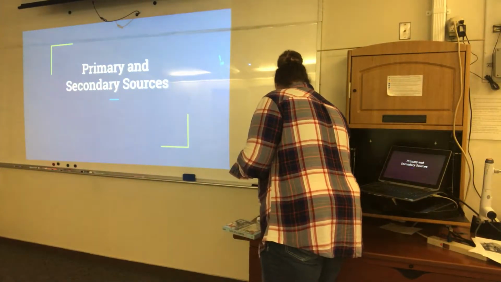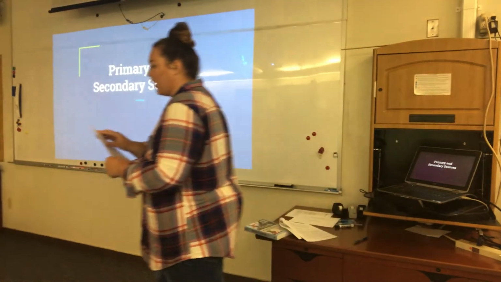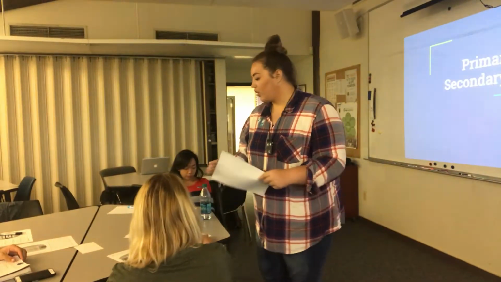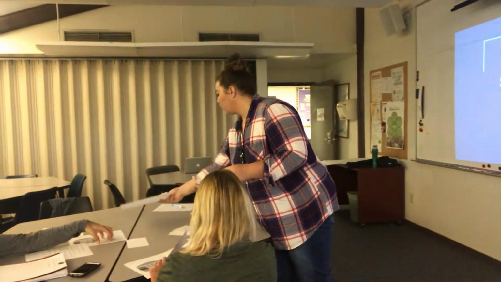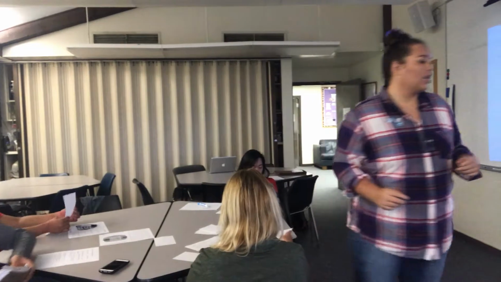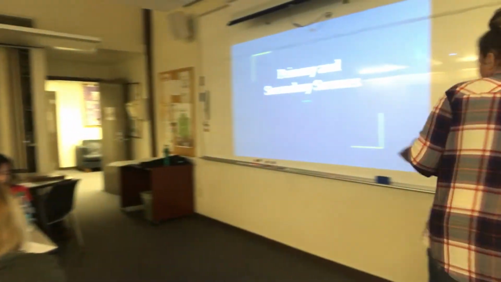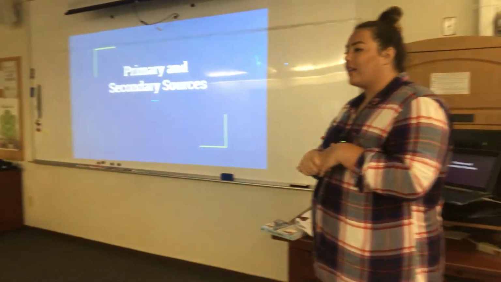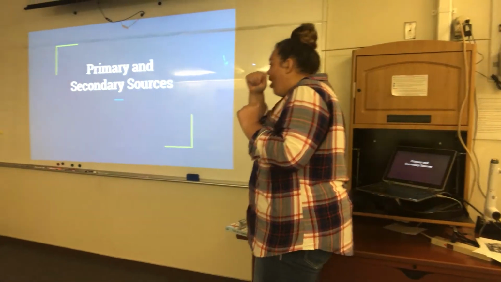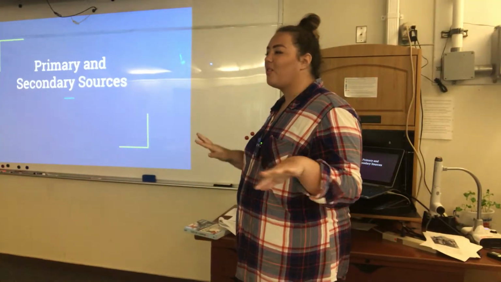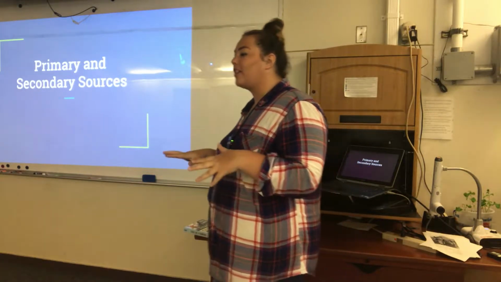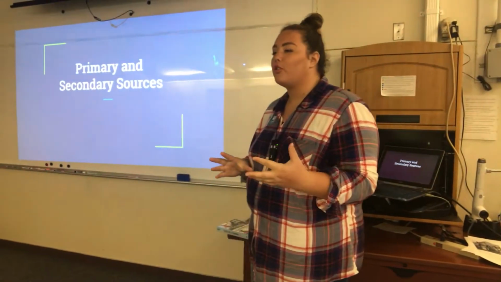So let me start. I'm going to pass out this graphic organizer, and then you're each going to take that index card you have in front of you, and we're going to do a little activity. For this activity, I want you to write down 3 to 5 sentences about an experience you had today and how it made you feel.